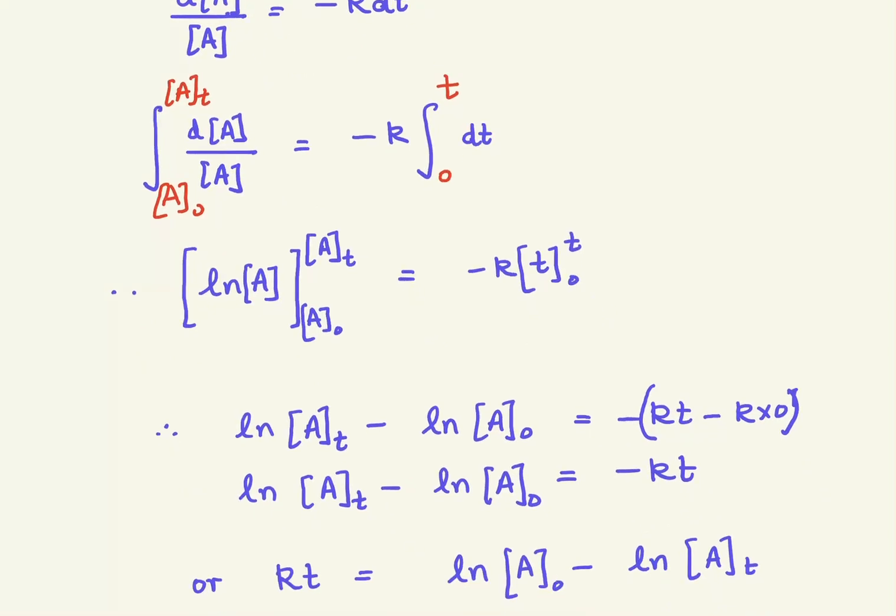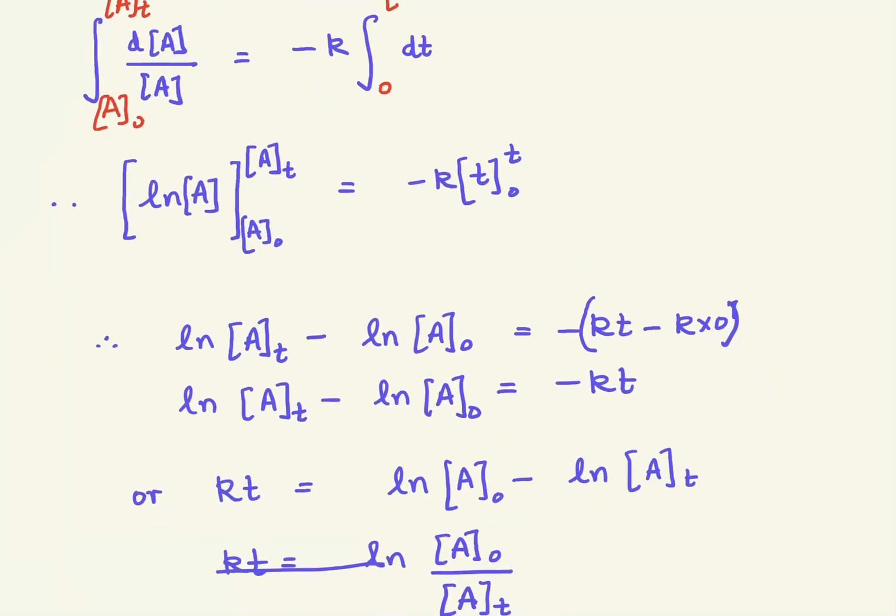So that means I'll apply the final minus the initial value, natural log of AT minus natural log of A0. That means in the place of concentration, I am substituting two values AT and A0, and minus KT minus K into 0. So when you open the brackets, what do you get?